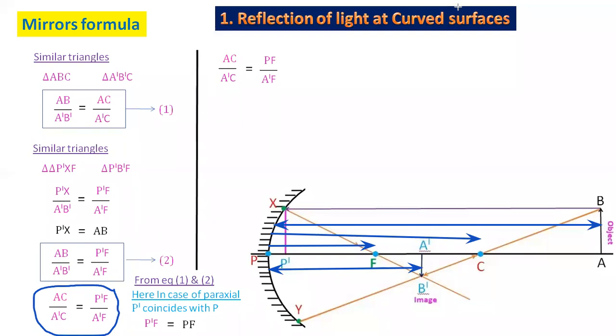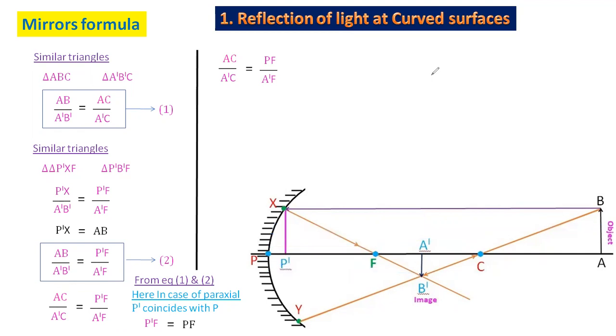This is object distance, denoted by U. The length between P to C is denoted by R, radius of curvature. Pole to the focus is denoted by focal length F, and pole to the image is image distance, denoted by V. So these are the parameters we know.